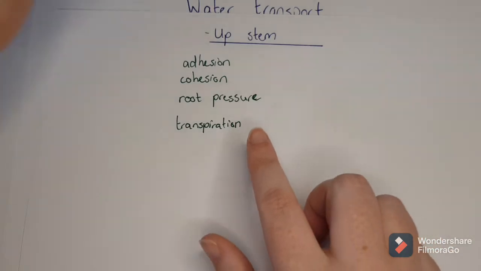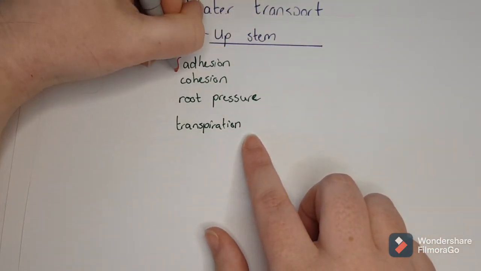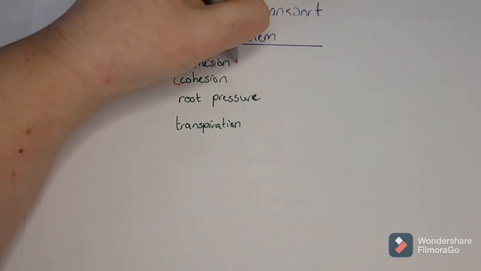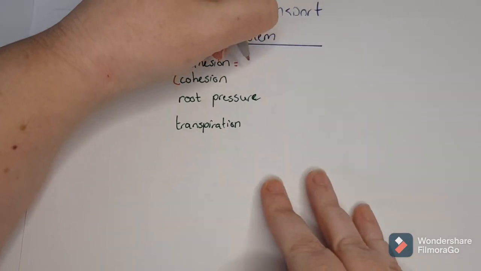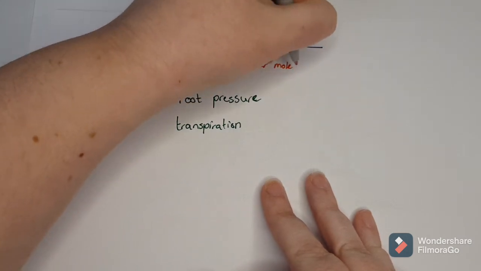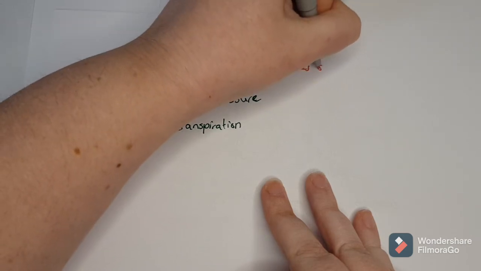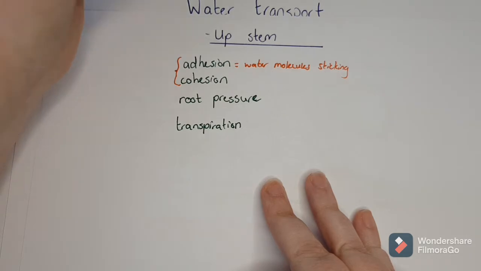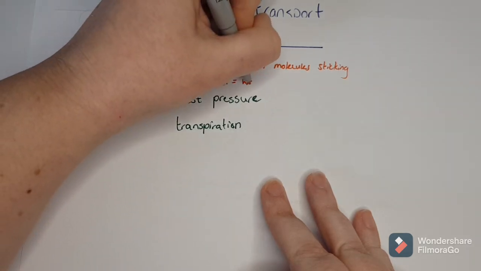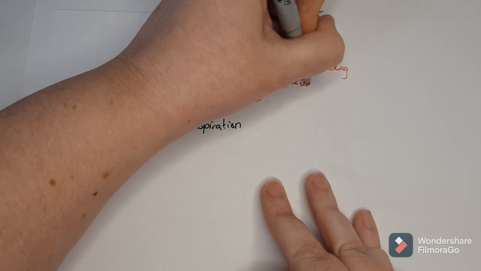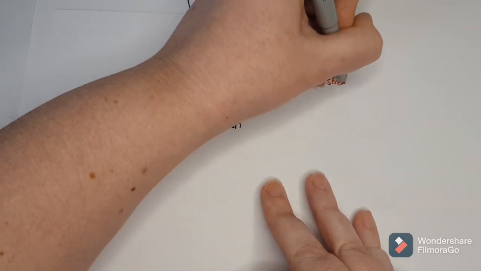Adhesion and cohesion are your properties of water. Adhesion is the ability of water molecules sticking to other things, and cohesion is water molecules sticking to themselves.